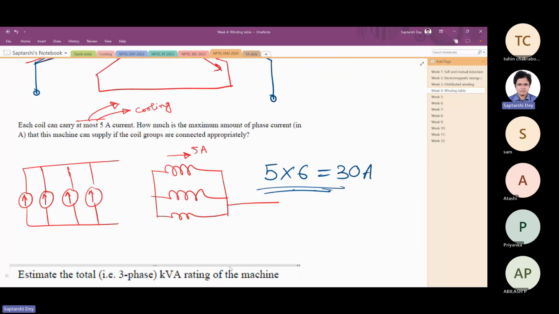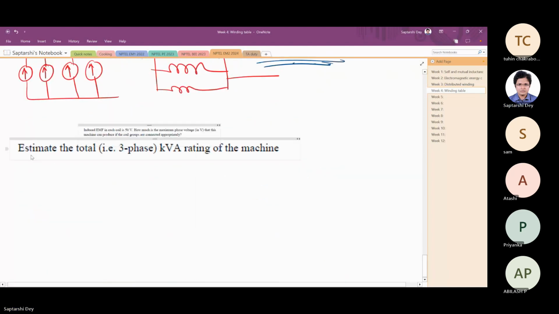You see, if there is a doubt, I think I missed one question that I will quickly bring on the screen. Because without the EMF, you cannot find out the kVA.